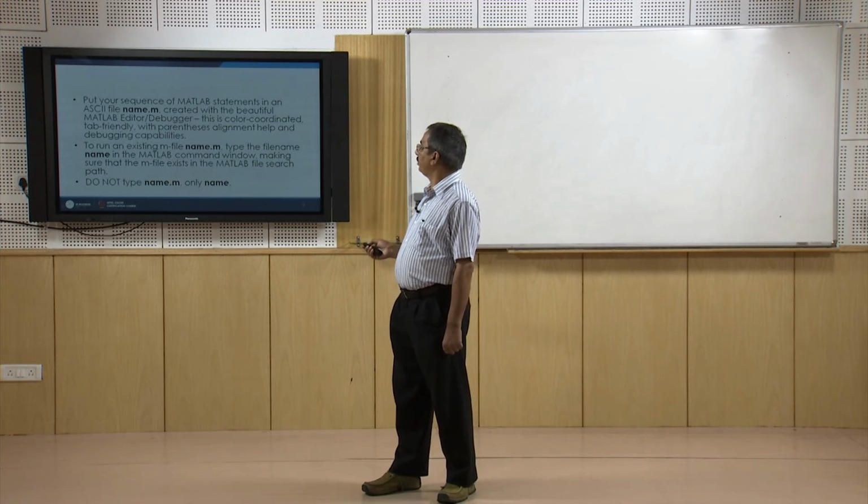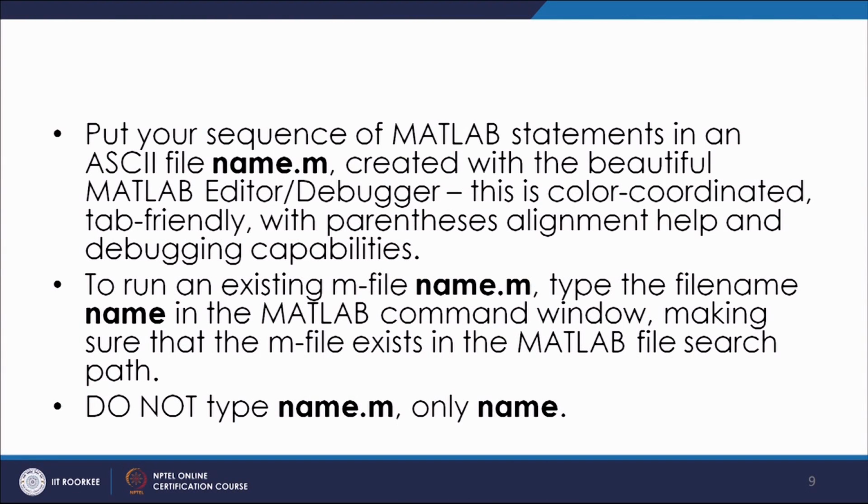Say you put your sequence of Matlab statements in some ASCII file, say name.m, created with the Matlab editor or debugger, which is color coordinated, tab friendly, with parenthesis alignment, help, and debugging capabilities.